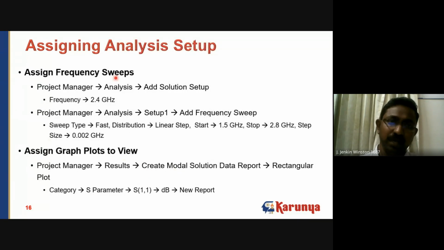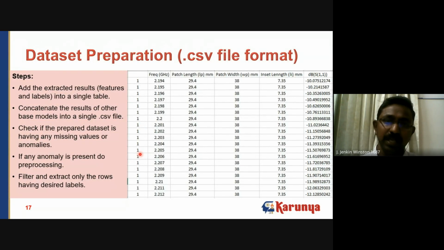Then for extracting results, you assign frequencies, go to the project manager, do the initial settings, and then go to project manager results and get your graph plots. At last, I should be able to extract something like this. The data set I would extract is in a .csv file format with the frequencies, patch length, width, insert length, and their corresponding S11 values. This is the data set I want to prepare.